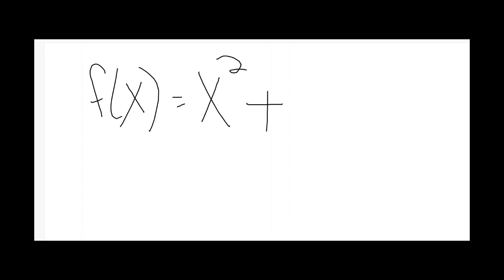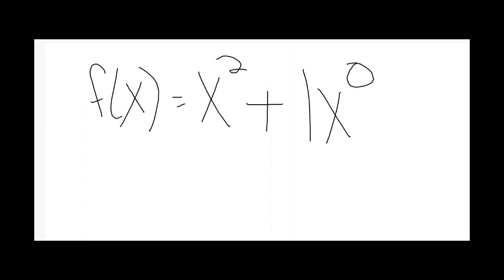One way to know is if you're given a function, right? Let's say f of x equals x squared plus 1, right? And whenever you have just a normal integer or a value without an x, always think of this as x to the power 0.